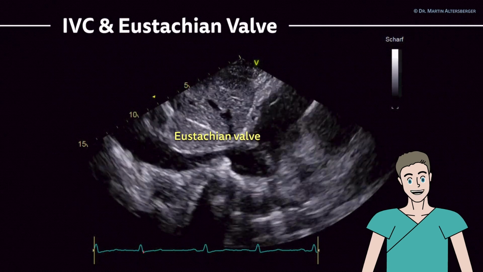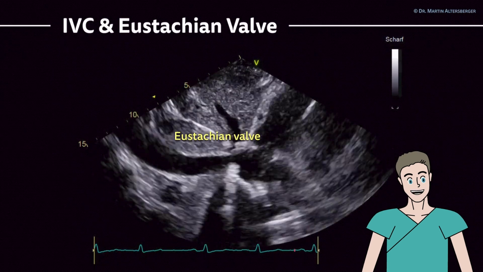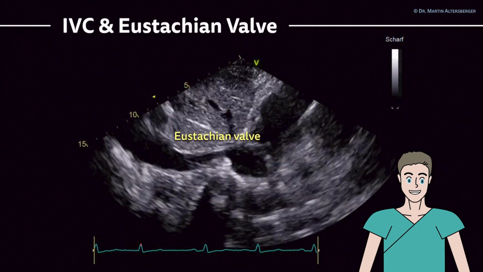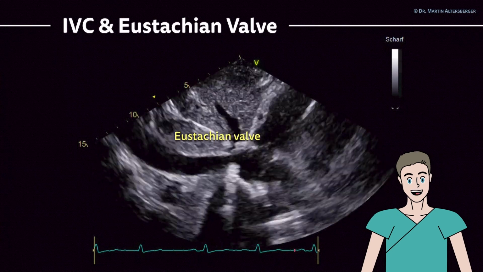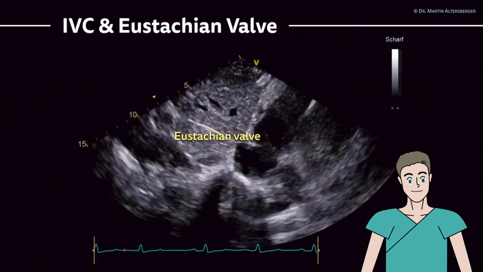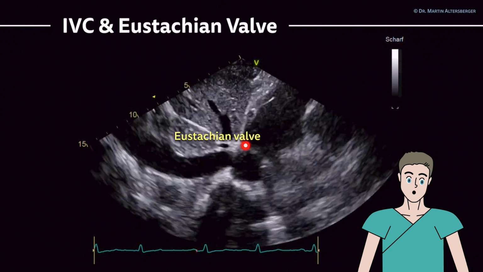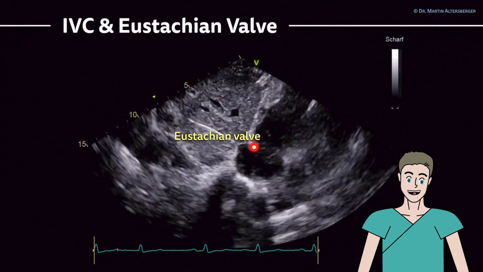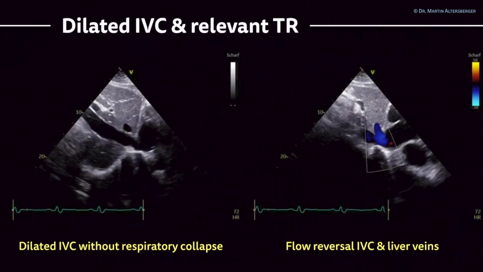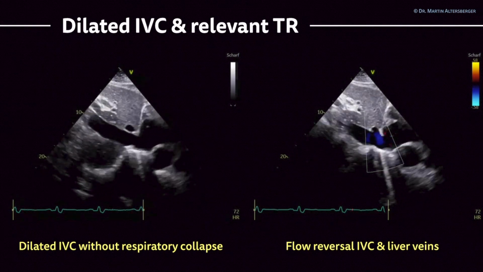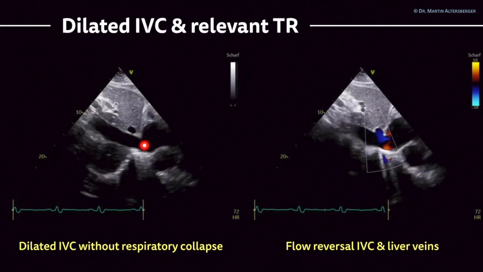Sometimes in very, very rare cases you can find an endocarditis there, but so far in my entire echocardiographic life, I have never seen that. The Eustachian valve you see over here, sometimes it can be really prominent and really large, but it always originates at the IVC.